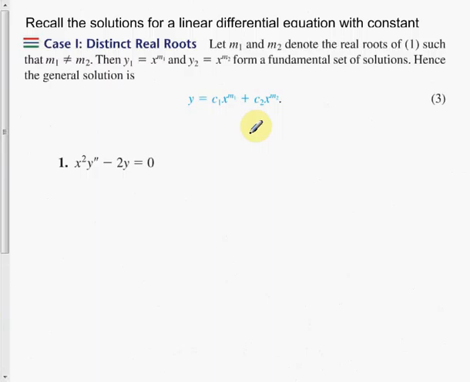Because of the superposition principle. Right? Isn't that the superposition principle? This we call the complementary solution for the superposition principle.